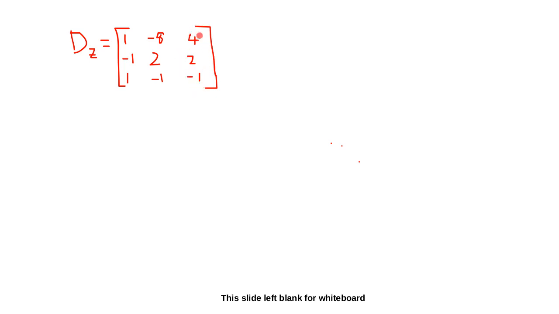So to get dz now, we take 1, the same procedure, times its minus. So we delete row 1 and we delete column 1.